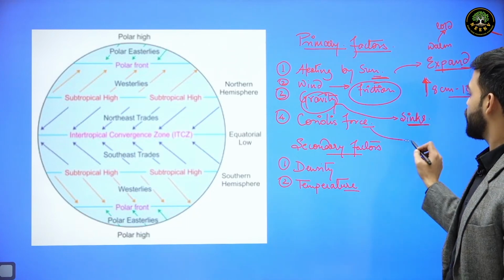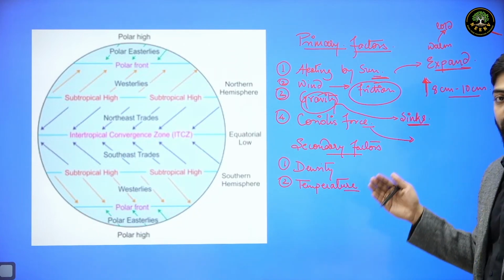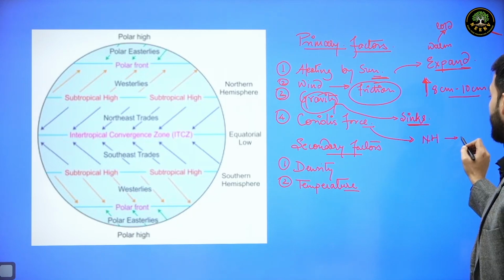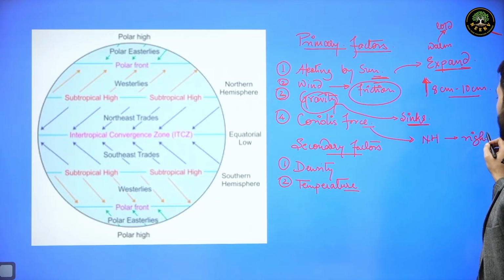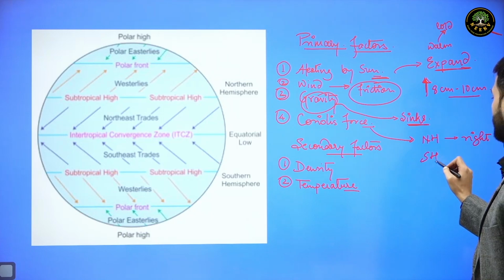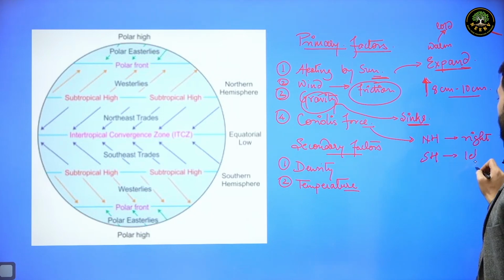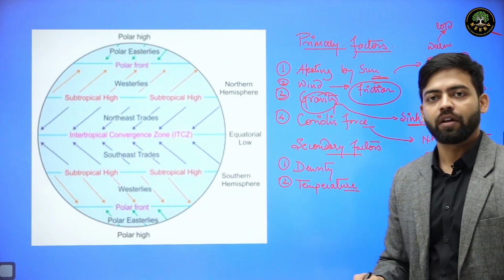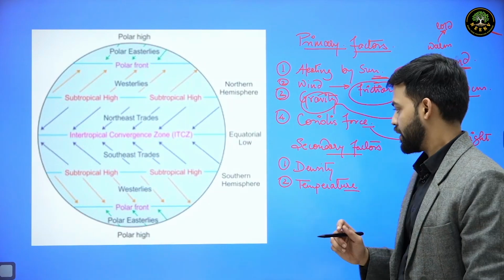And Coriolis force, because of Coriolis force, the water in the northern hemisphere moves in rightward direction, and in the southern hemisphere moves in left direction. So Coriolis force also plays a role in the direction of the ocean currents.